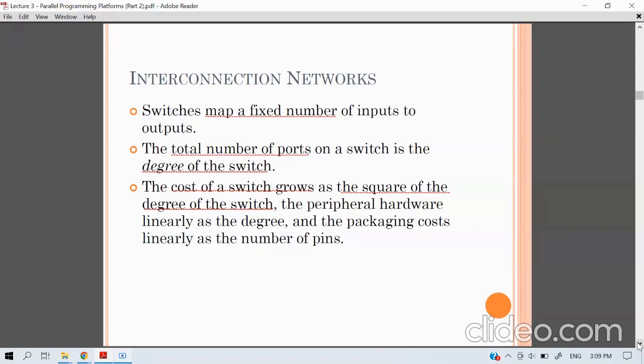The cost of a switch grows as the square of the degree of the switch, the peripheral hardware grows linearly with the degree, and the packaging cost grows linearly with the number of pins.